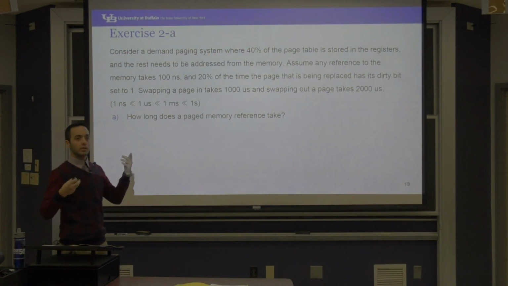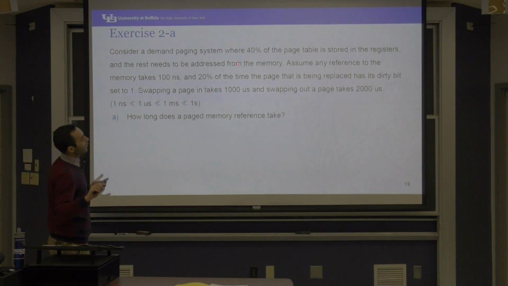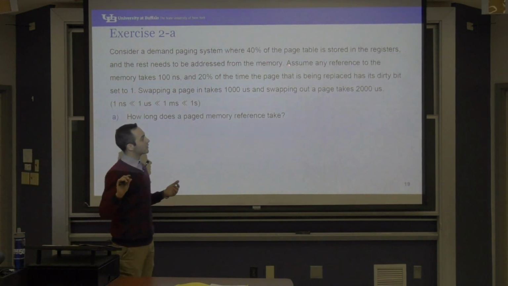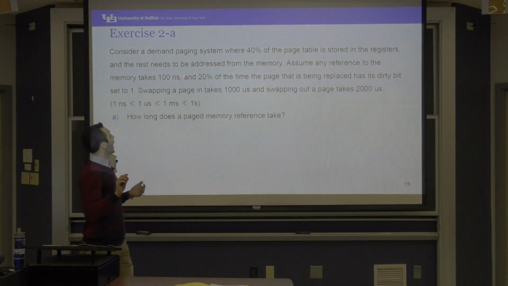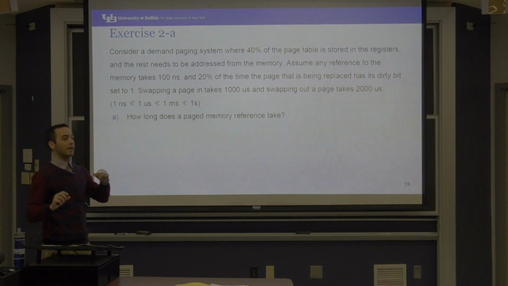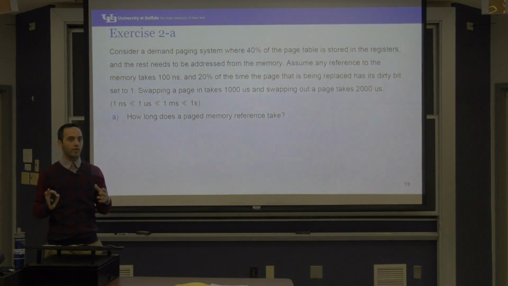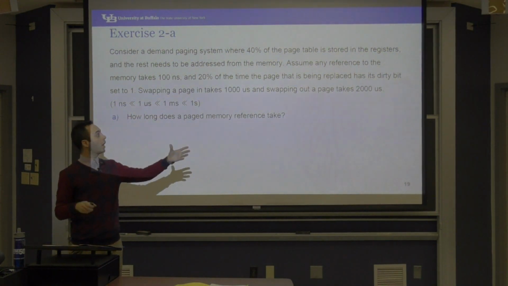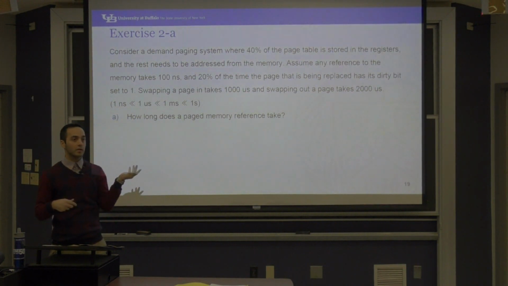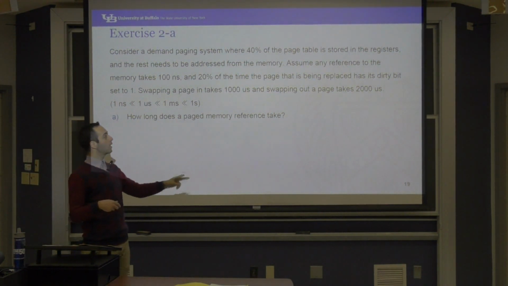That's usually the keyword, because it says we have virtual memory, where 40% of the page table is stored in registers. That means 40% of the time that you want to access any memory, you don't have to reference the page table, versus 60% of the time, you have to actually access that memory location twice.